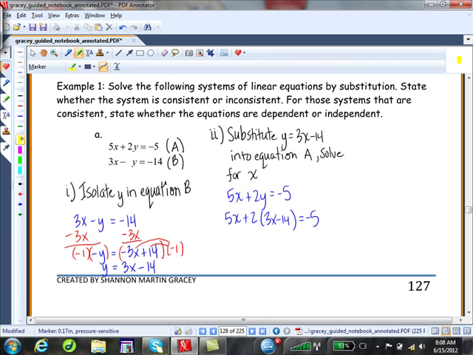So now we get 5x plus 2 times 3x is 6x, and then minus 28 is equal to -5.